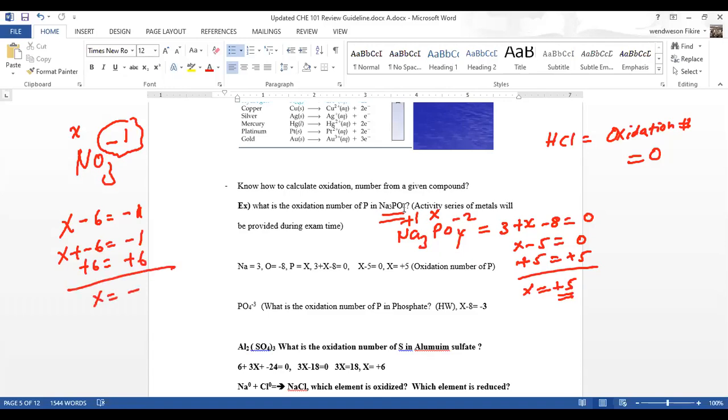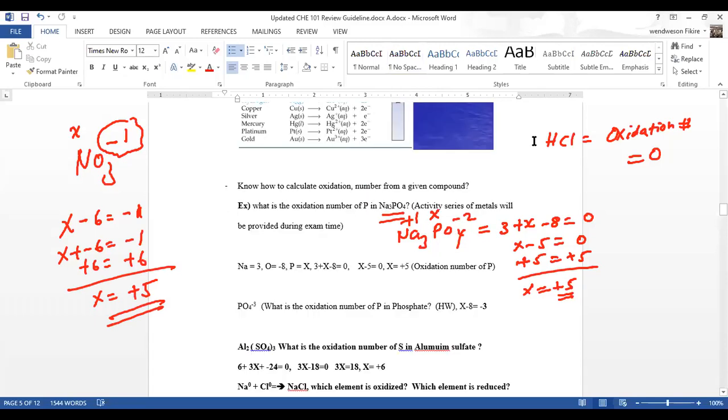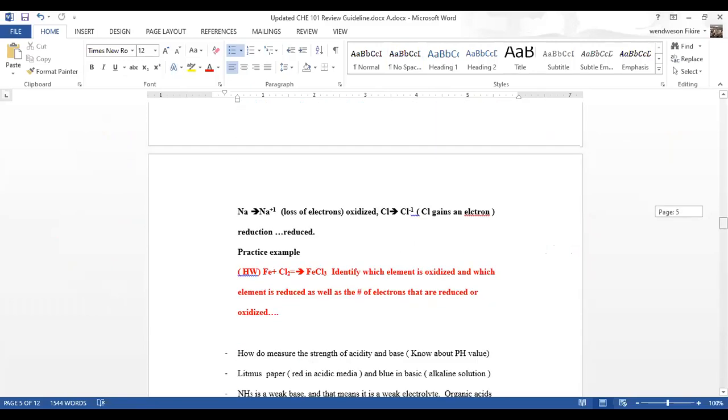That gives us +5. That's the oxidation number of nitrogen in nitrate. So oxidation number will also be a part of the problem.